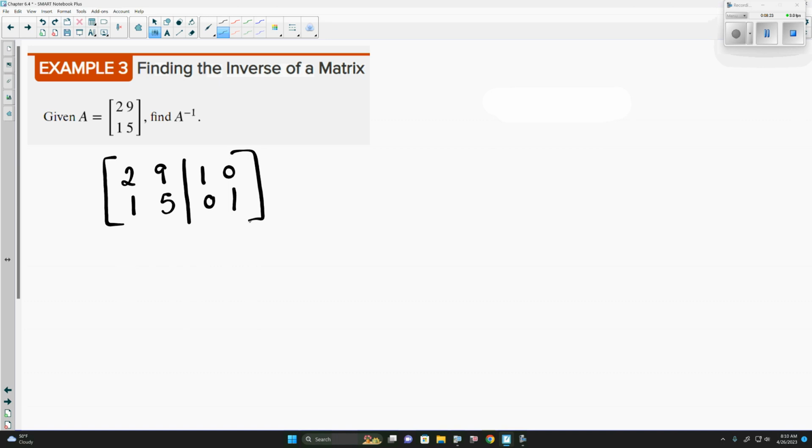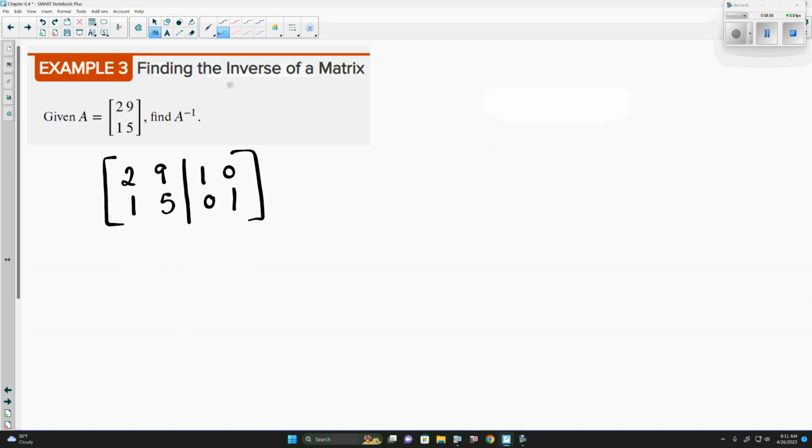Now what the goal is to get this side of the matrix to look like this. We want to get the left side of this equation to be the identity matrix.